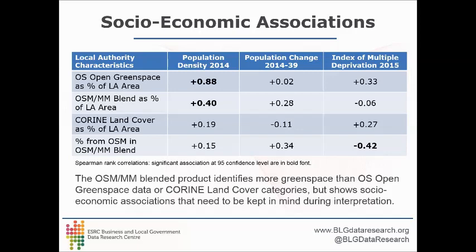There's clearly scope for looking at other types of socioeconomic associations, e.g. age structure, education level, proximity to education institutions like high schools, colleges, universities, and so forth.